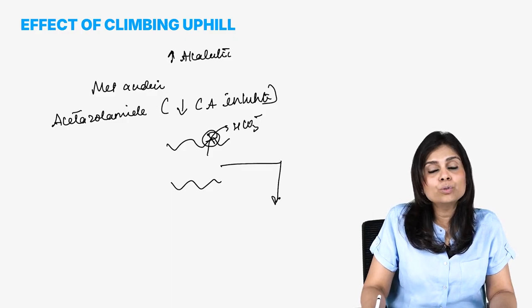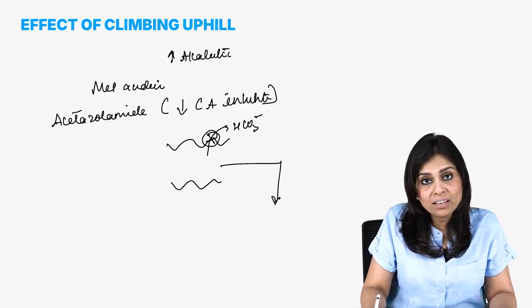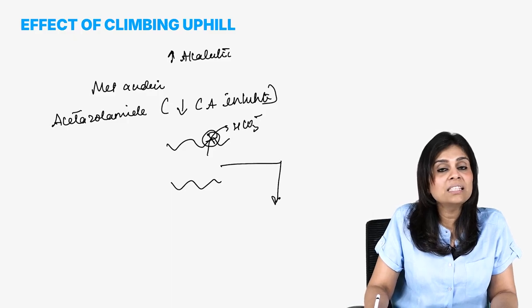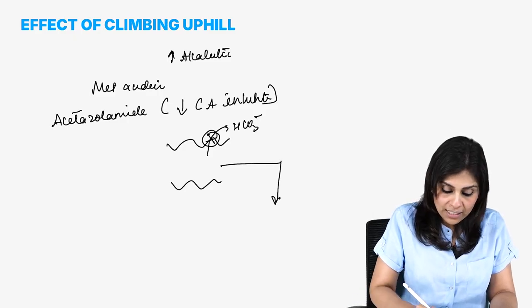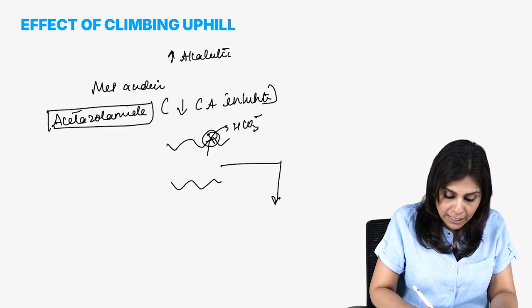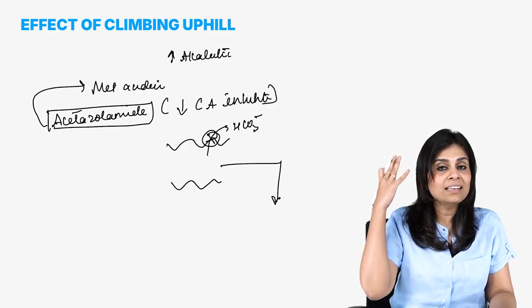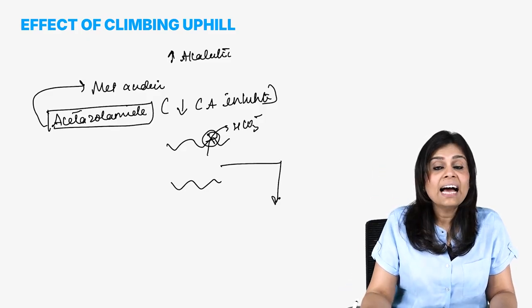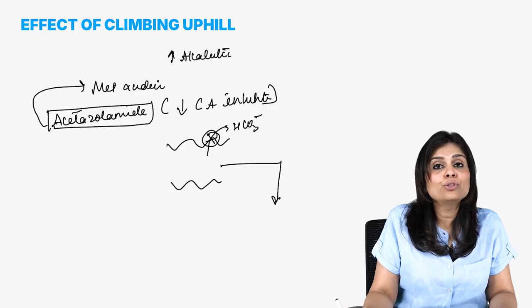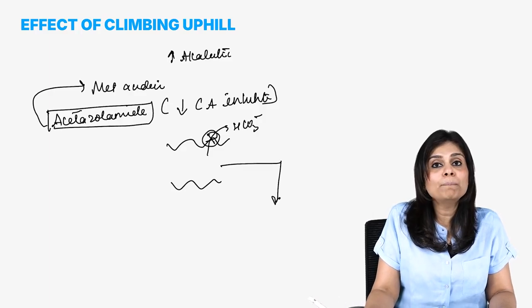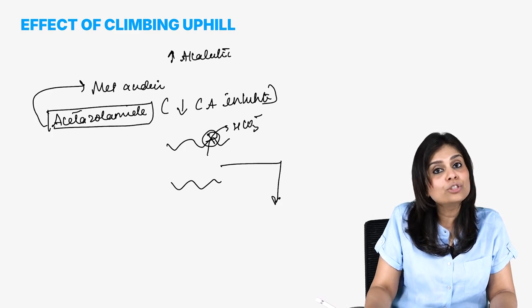Without bicarbonate, which is a major plasma buffer, metabolic acids will start accumulating. So acetazolamide causes metabolic acidosis, which is good, because the respiratory center will be stimulated and the curve will get shifted to the right. That will help in deoxygenation to tissues.